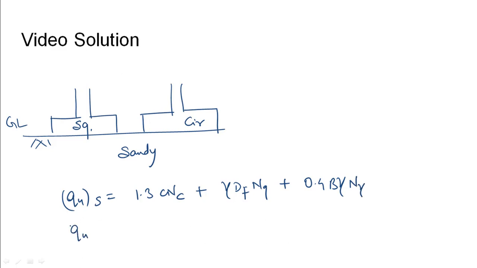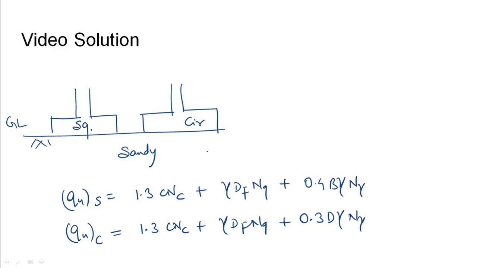And similarly, the ultimate bearing capacity for a circular footing is given as 1.3 C Nc plus gamma Df Nq plus 0.3 times the diameter of the circular footing gamma N gamma.